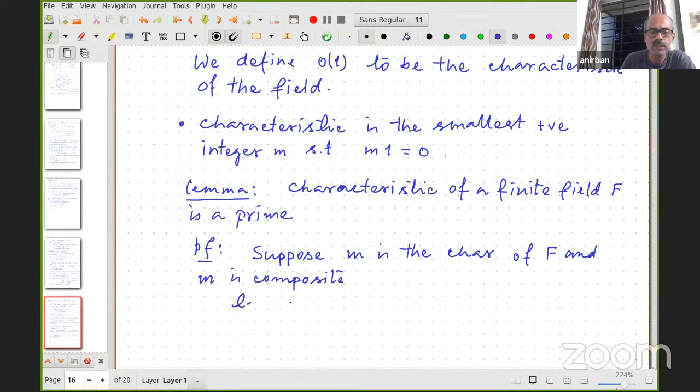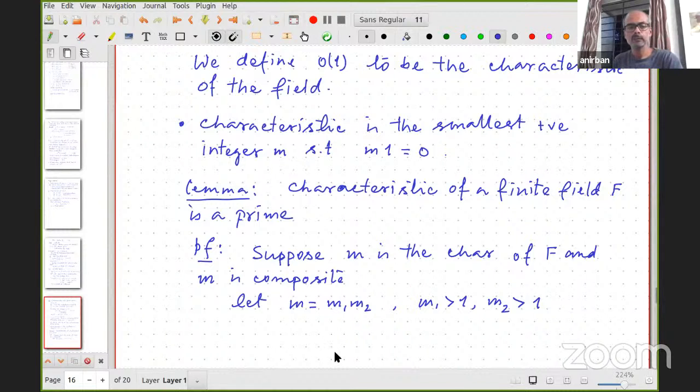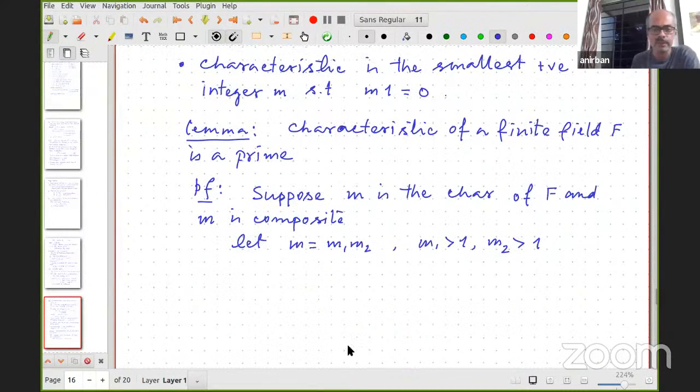So m can be written as m1 times m2, where m1 and m2 are both greater than 1, a non-trivial decomposition. A composite number will have a decomposition like this.